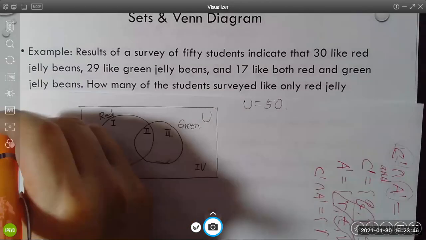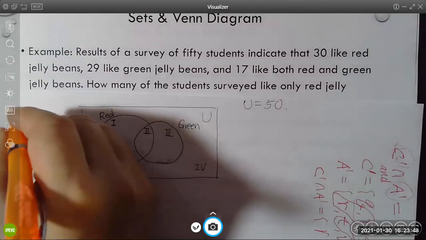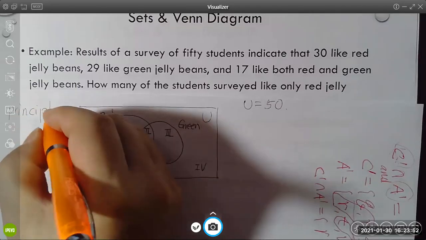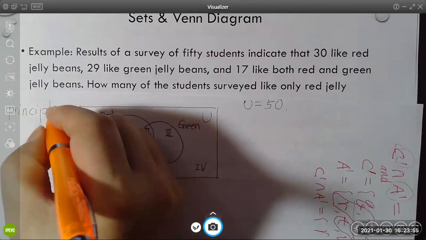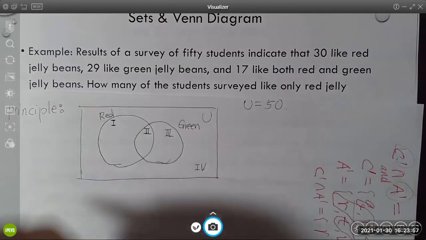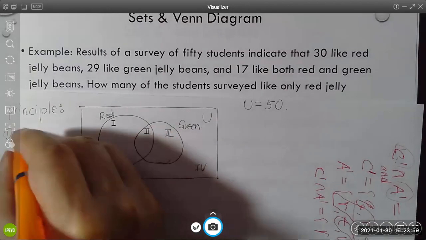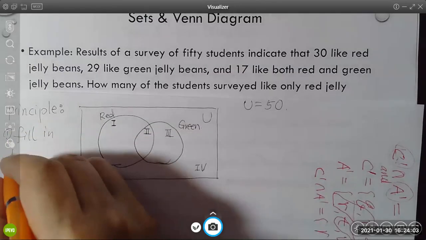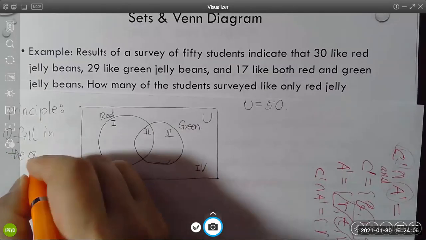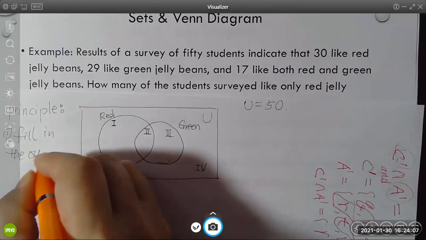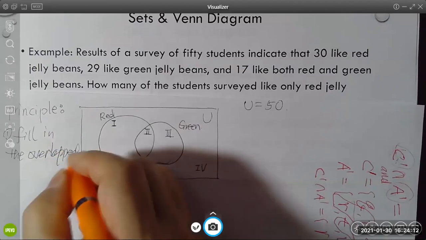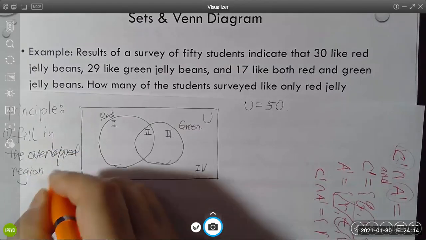So now this is the principle to populate different areas. You always fill in the overlapped region first.